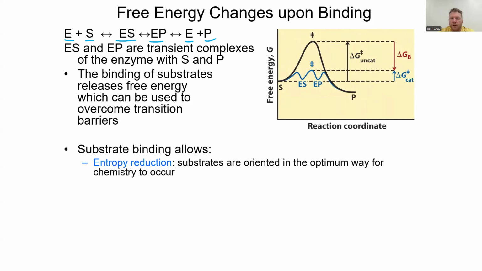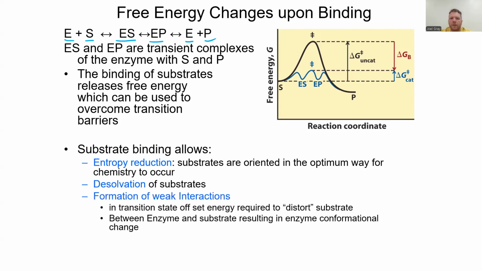Substrate binding allows for entropy reduction. Substrates are oriented in the optimum way for chemistry to occur. Desolvation of substrates, where we basically have an aqueous environment that dissolves our substrate. Formation of weak interactions in the transition state offsets energy required to distort substrate.